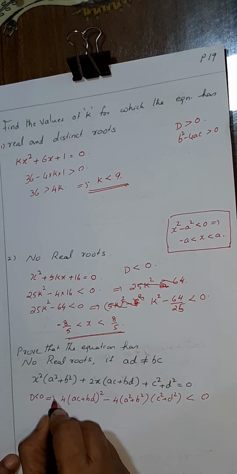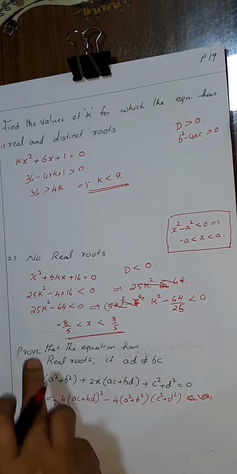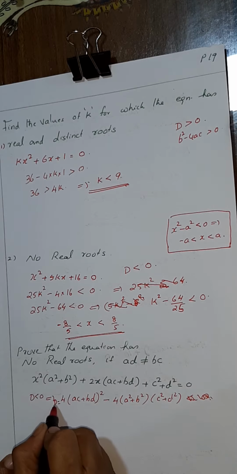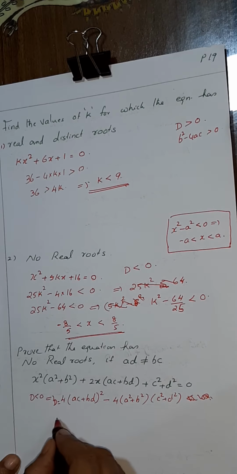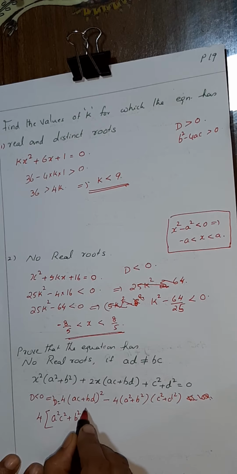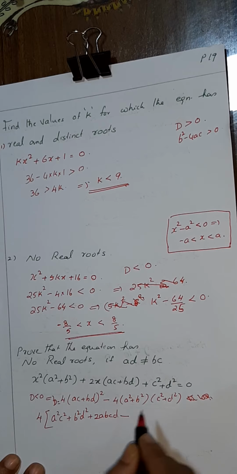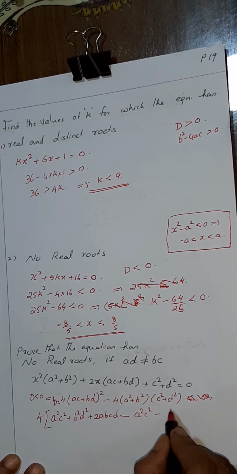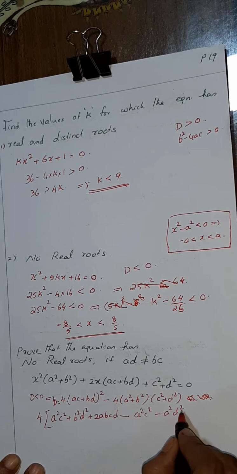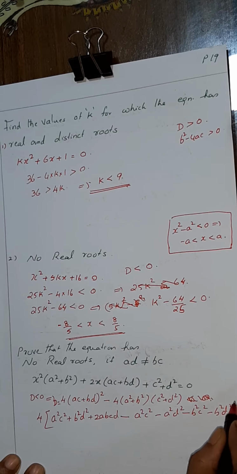So let us take D is equal to this. We will prove this is less than 0, then we can say it does not have any real roots. So now 4 into, this will become a squared c squared plus b squared d squared plus 2abcd, minus, the 4 has come out. Now this will become a squared c squared plus a squared d squared plus b squared c squared plus b squared d squared.